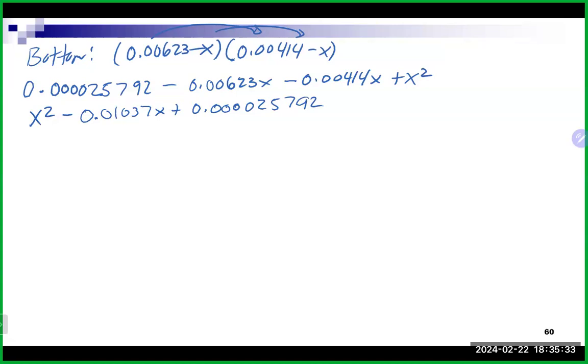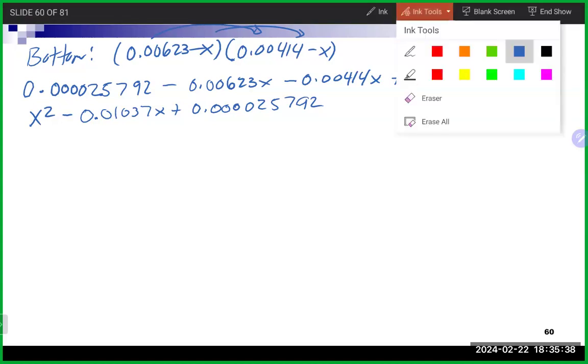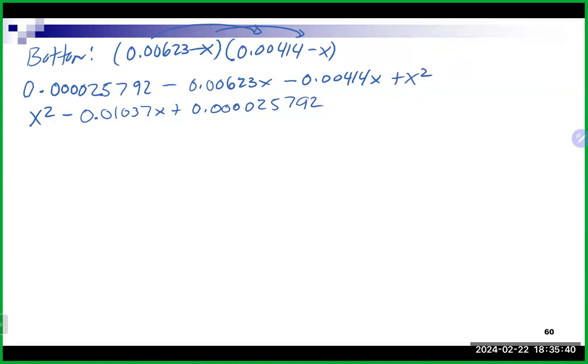All right, so I got both of my equations there on the left. I'm going to put them back in to do a little bit more stuff here.